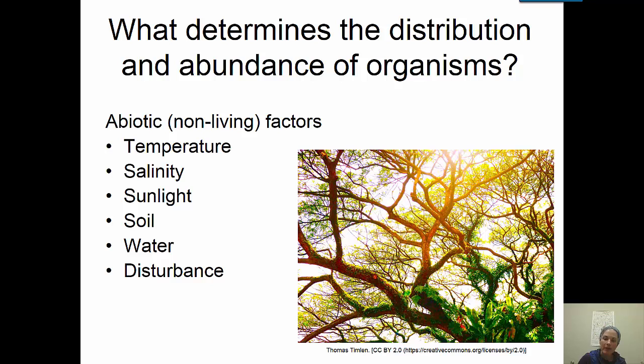So you read a little bit in the Citable.com article about this really big question in ecology. What determines the distribution and abundance of organisms? Or, what determines where we find a particular organism living?